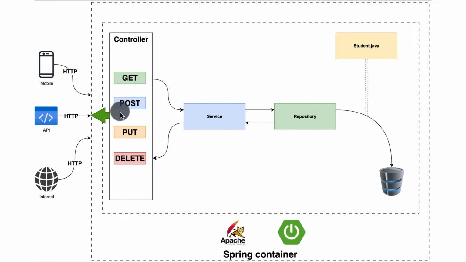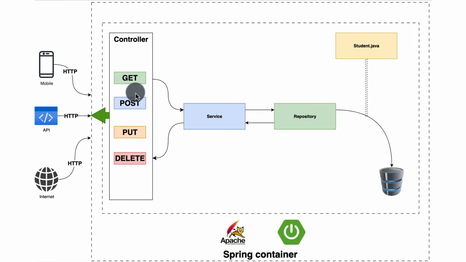It sits between the web server and the application business logic and is responsible for handling the various aspects of the request-response lifecycle. Controllers are typically implemented as Java classes that are annotated with the Spring annotation called Controller, or one of its specialized variants like RestController or RequestMapping.